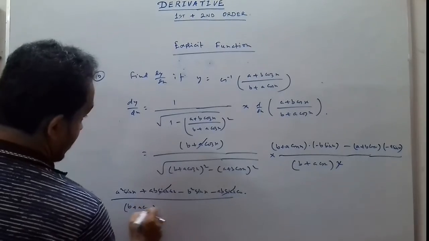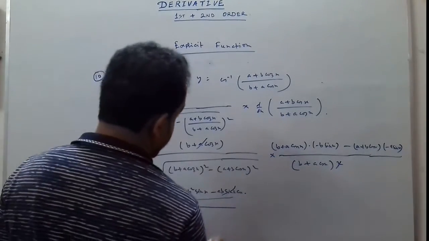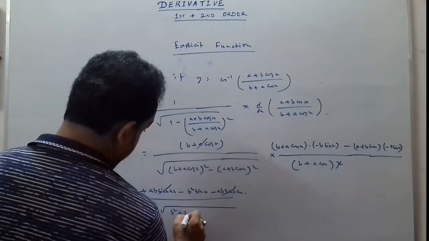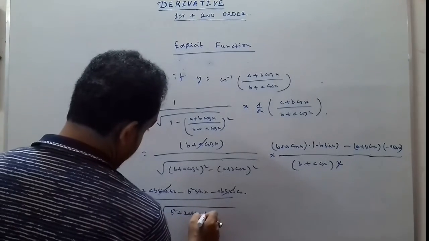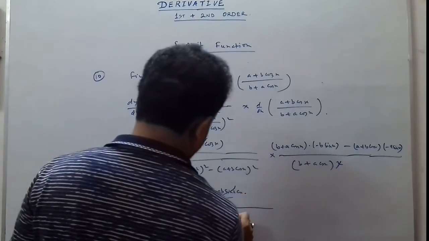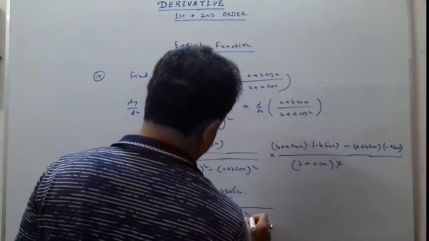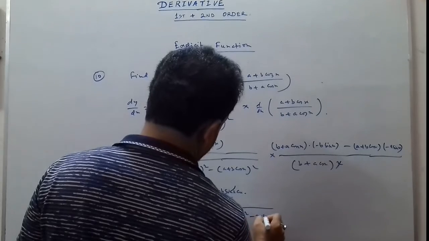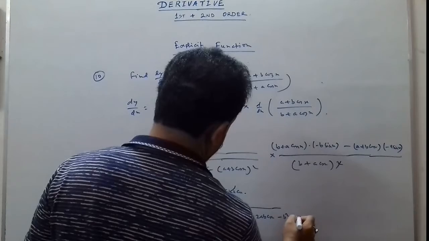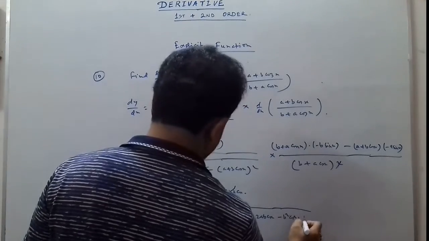a cos x into root under this one: b square plus 2ab cos x plus a square cos square x minus a square minus 2ab cos x minus b square cos square x.